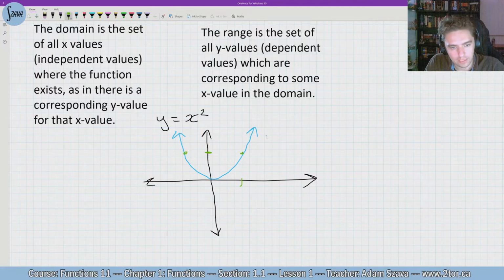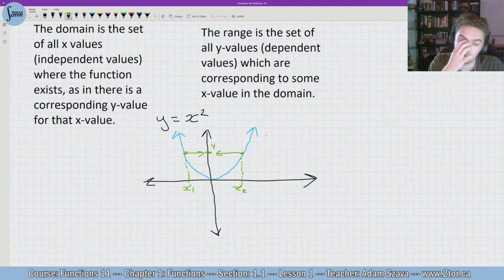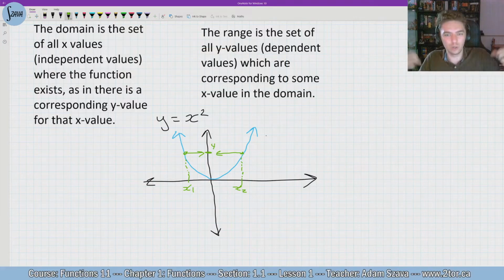To this x value, x1 and x2. Because the corresponding y value to this x value is that y value. And the corresponding y value to this x value is also that y value. So that y value, whatever it is, let's just say it's 4, right? That y value 4 is in the range because it is corresponding to some x value in the domain. In fact, it corresponds to 2 different x values in the domain.